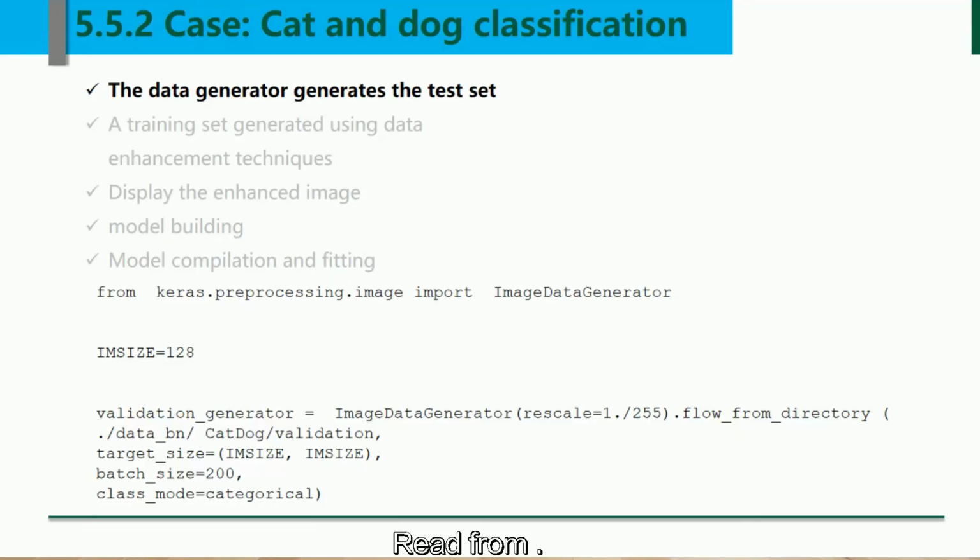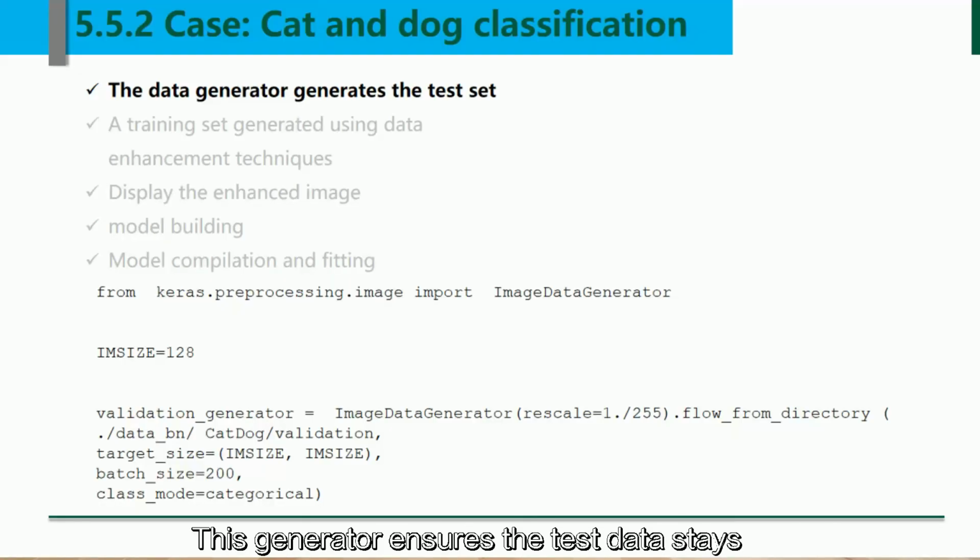Read from the data BN catdog validation folder. Resize to 128 by 128, batch size 200, class_mode equals categorical, one-hot labels. This generator ensures the test data stays original, so we can fairly evaluate how well the model generalizes.